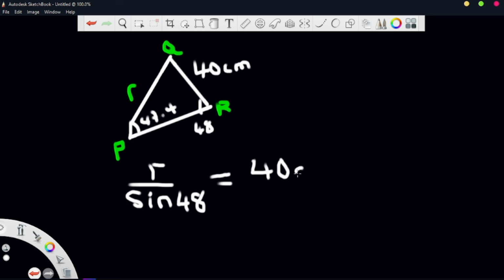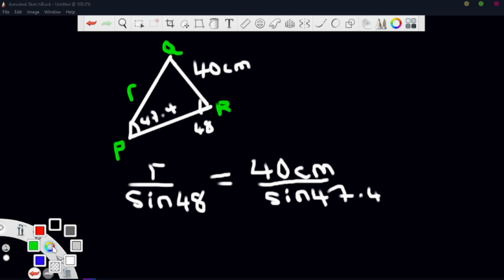And then here we have over 40 centimeters, and this 40 centimeters is being divided by sine 47.4, which is this one, because they are opposite. We have to start with what we're solving for, which is r.